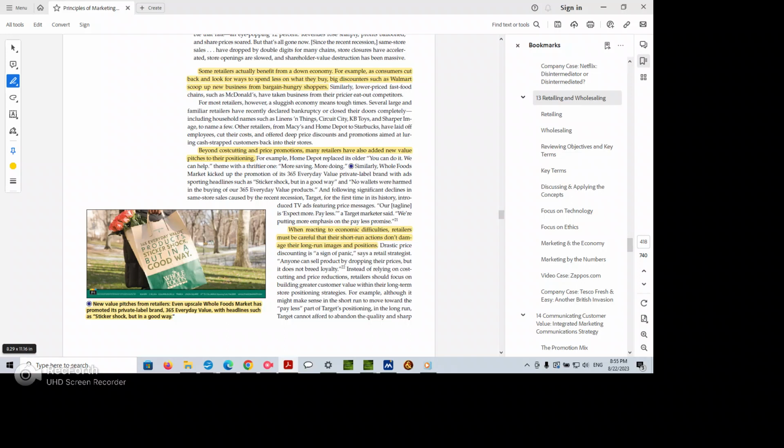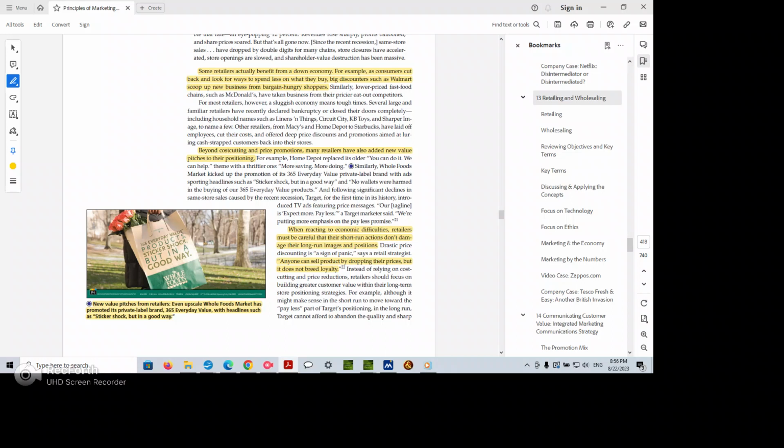Now here you can see the logo of Whole Foods. Anyone can sell products by dropping their prices, but that doesn't mean brand loyalty. Brand loyalty is based upon a superior experience with the brand, in terms of customer value added experience, plus the price of the product itself.